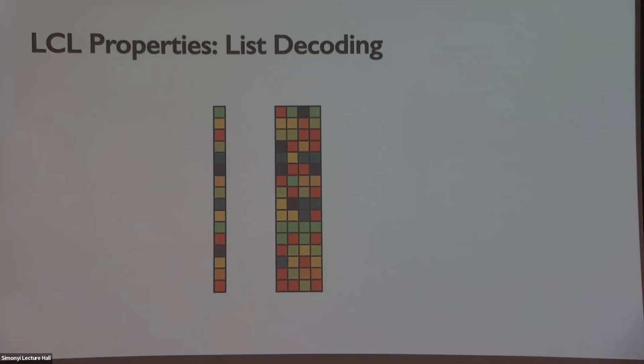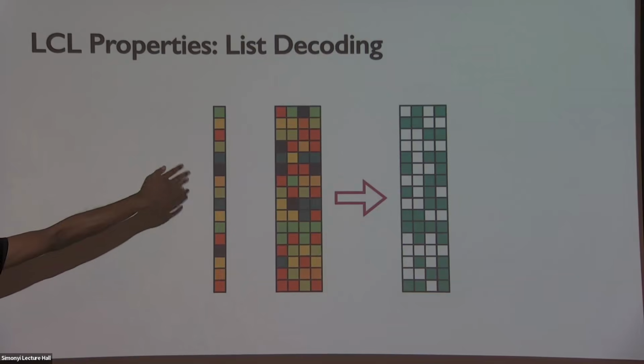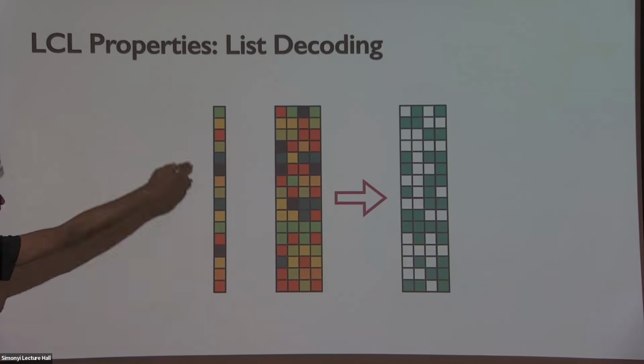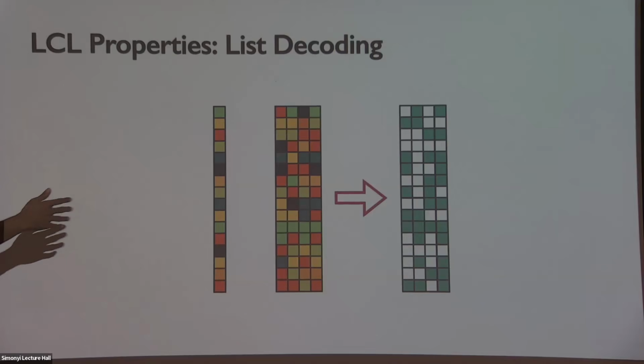Let me map out that agreement here. Every column has a 1 minus rho fraction of coordinates marked with the blue color, which specifies that the first vector is agreeing with y at those locations. I'll do that for the second column, third column, and so on. I'll call that an agreement pattern.